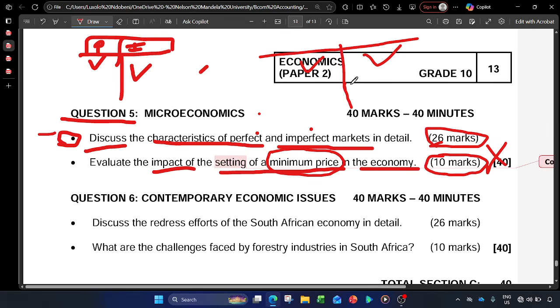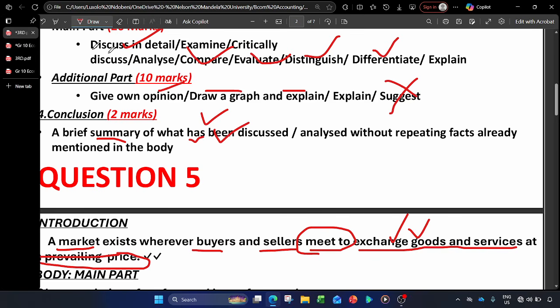By doing that, you are just differentiating them, you are showing how they differ, because I don't think there's something common in most of the perfect and the imperfect markets, right? So let's just get to our main part.